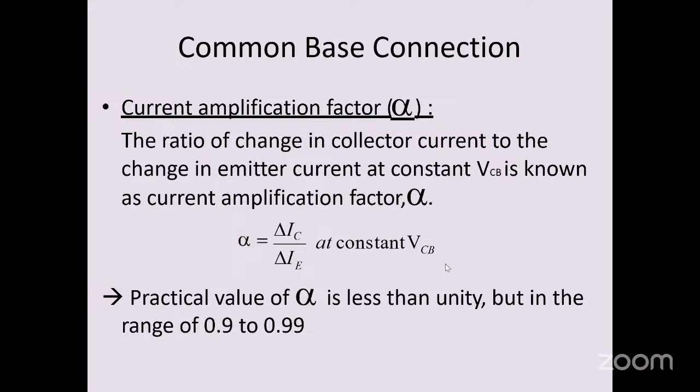The collector to base voltage must be constant. And the alpha value is less than unity. The range is 0.9 to 0.99.